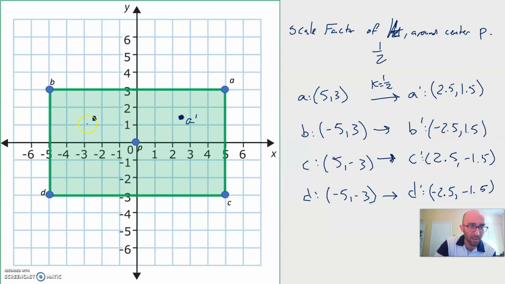Remember, it forms a rectangle, so you can double check the formation as you go. All right, C prime, (2.5, -1.5). So over to 2.5, down 1.5. And D prime, (-2.5, -1.5). So you can see that even when a scale factor of half creates fractional amounts like 2.5 and 1.5, you can still plot them carefully and make it work.